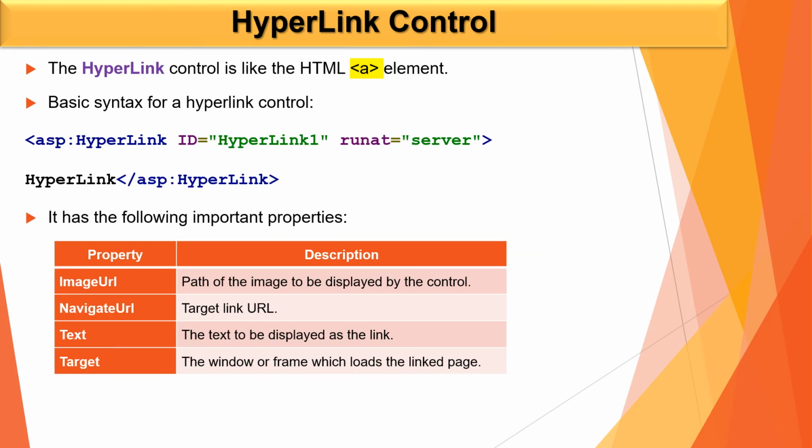The next control is the hyperlink control. This hyperlink control is the same as an HTML anchor tag. The anchor tag, that is A, is always the anchor tag used in HTML for concerning the hyperlink. Now what is the basic syntax of the hyperlink control?